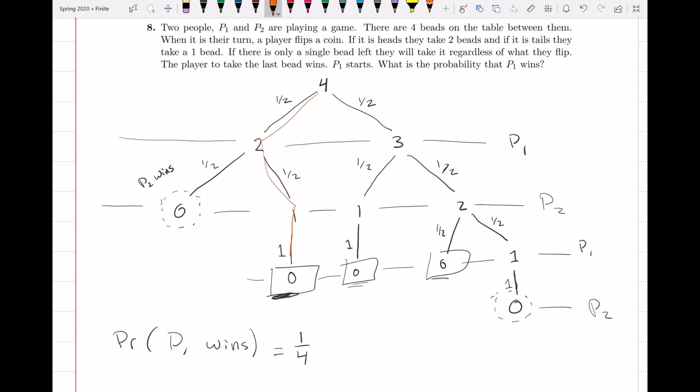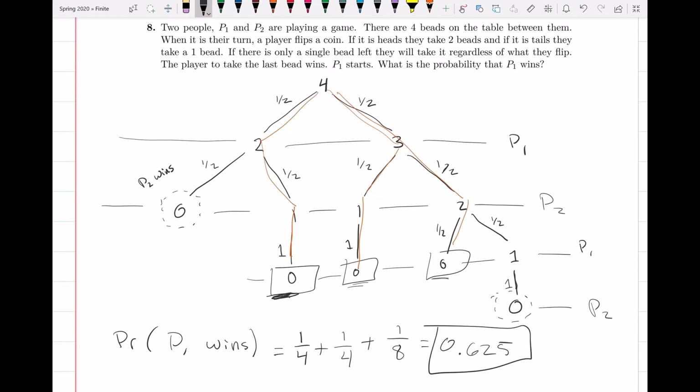And we have the same probability for the next one, 1/2 times 1/2 times 1, so that equals plus 1/4, plus the last win condition, which is 1/2 times 1/2 times 1/2, is 1/8. So this equals 1/2 plus 1/8, which equals 0.625.